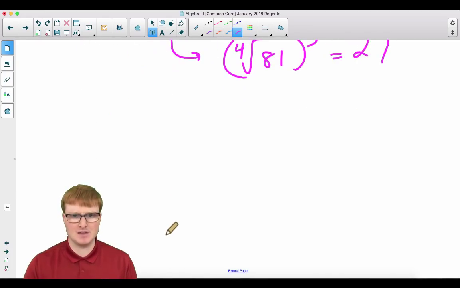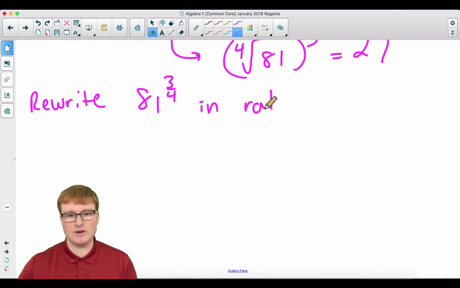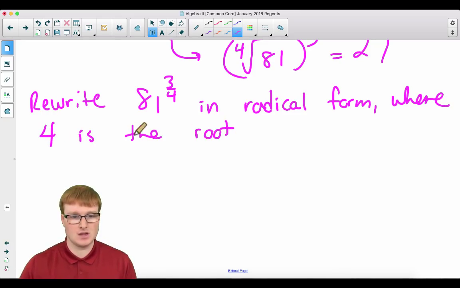So you need to put that in words, though. It says explain. So your explanation is going to be rewrite 81 to the 3/4 power in radical form, which is what I just did up above for you, where 4 is the root, otherwise known as the index.